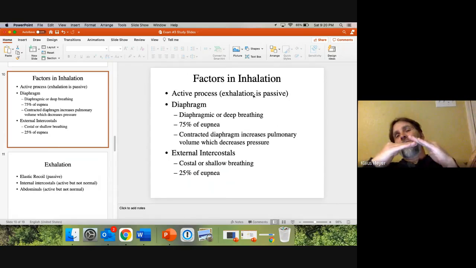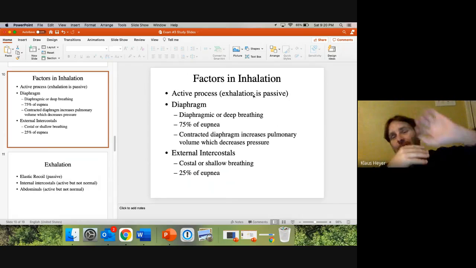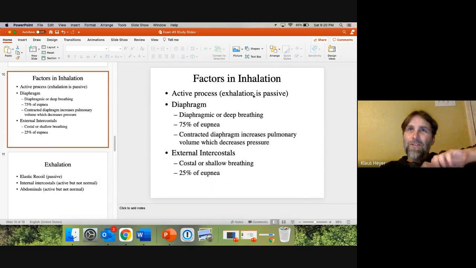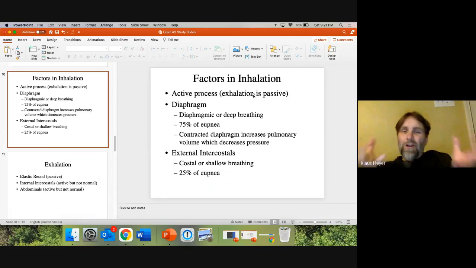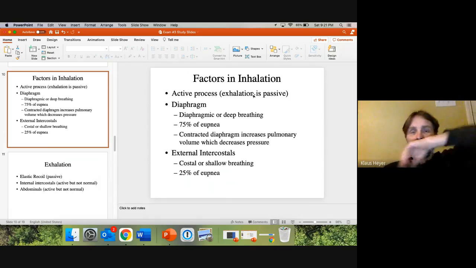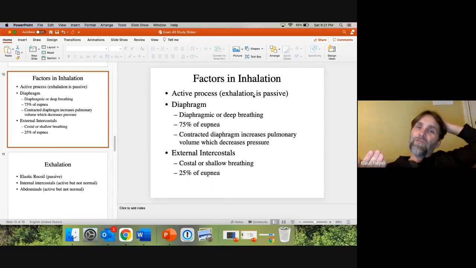Your lungs aren't attached to the diaphragm, but it's like pulling on it. So when your diaphragm flattens down, it's pulling on the lungs and making them larger. That causes the pressure in your lungs to drop to a point lower than the air outside, the ambient air. I want you to be able to explain it.